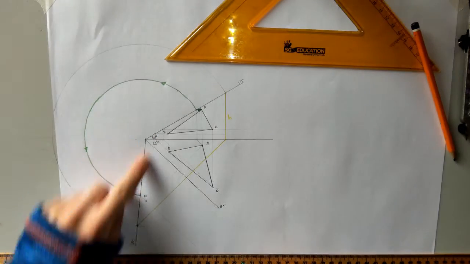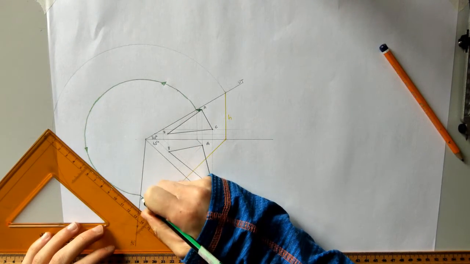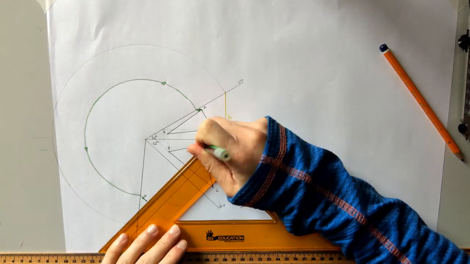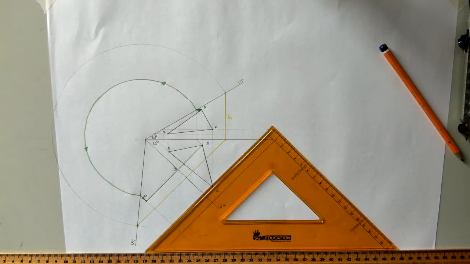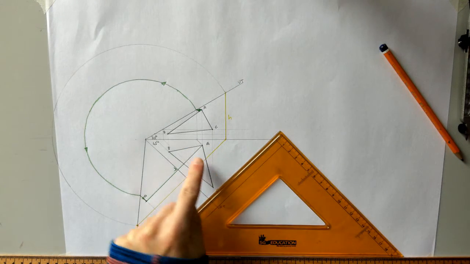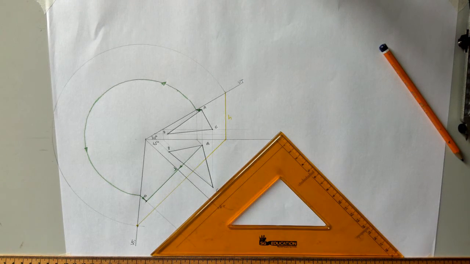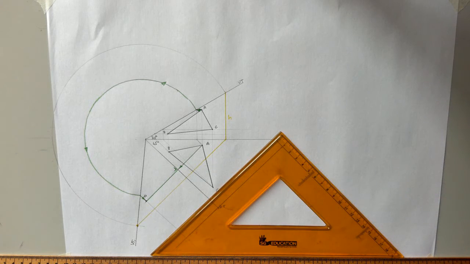So that's rotated all the way around to hit our new vertical trace, and then that goes across to there, and it stops at the point where A in the plan is taken out perpendicular, so 45 degrees going this way, it has to be 45 degrees going that way, and that gives us the position of A.